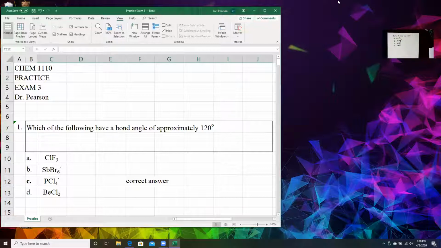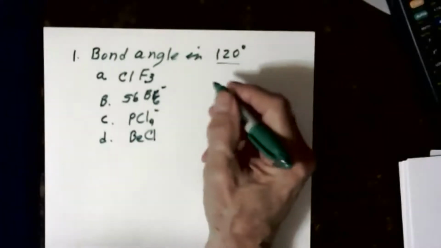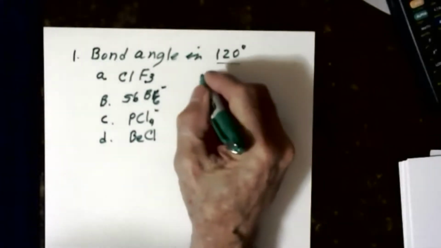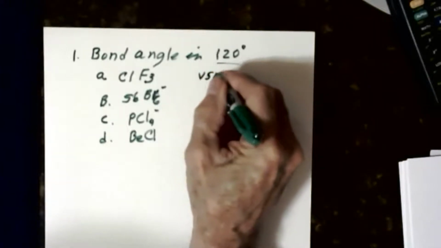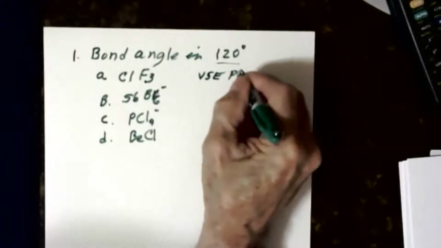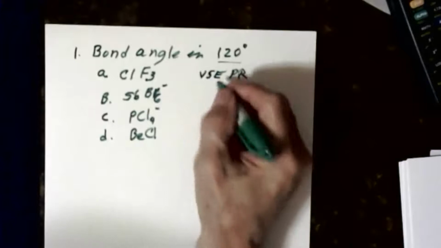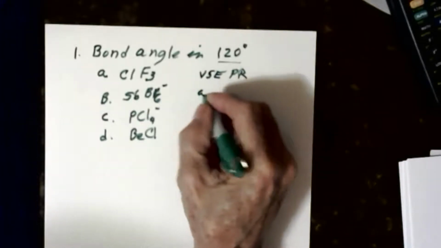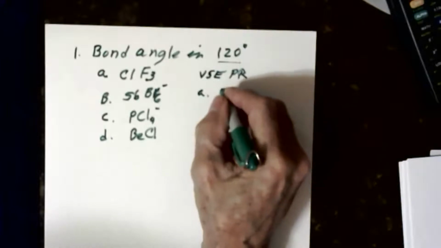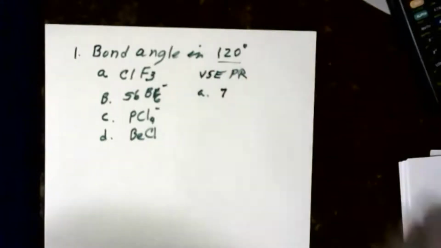So now let's go ahead and start working through the choices. We need the VSEPR notation, and the way you do that is we need the number of valence electrons. So let's start with A. We've got a chlorine that's in group 7, so there's 7 valence electrons for chlorine.